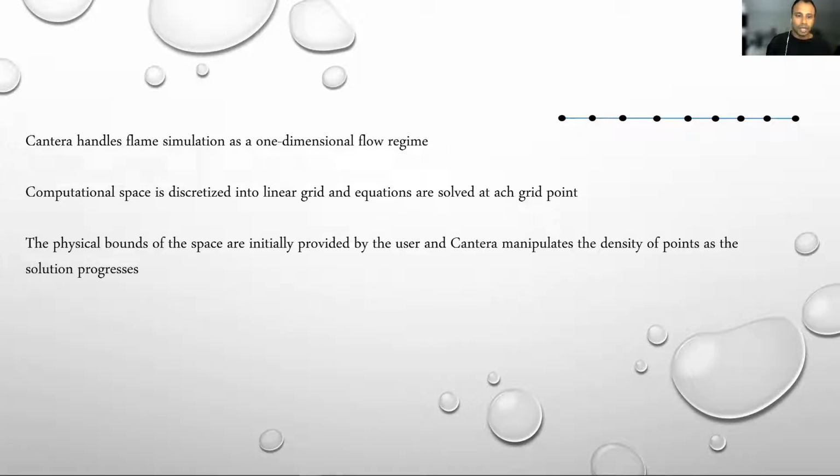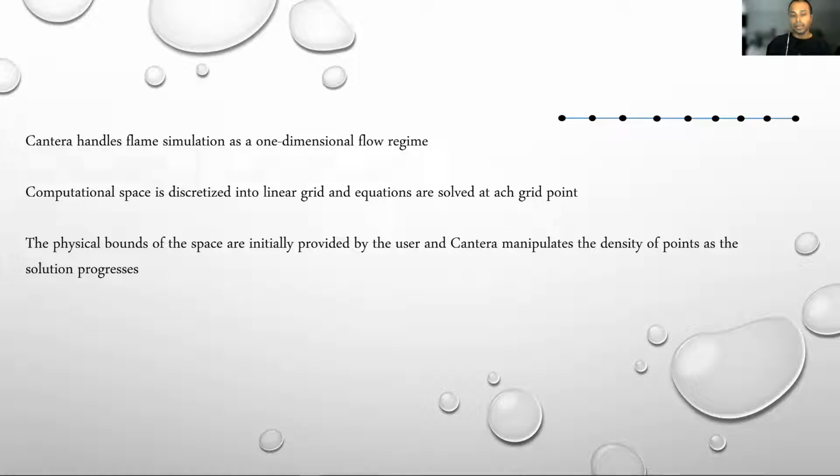Now, the physical bounds of this grid initially are specified by the user. So you can give how long the grid should be. And as soon as you specify that, internally in the memory, Cantera automatically discretizes the whole grid into several points. You don't really have to mention that.